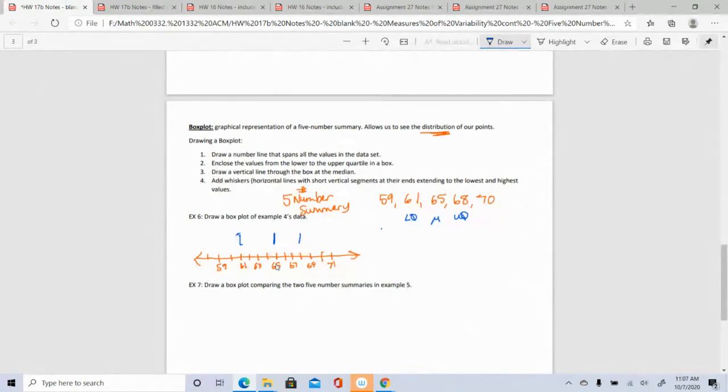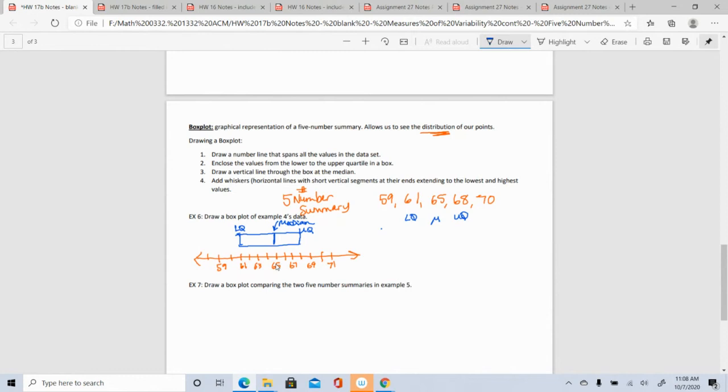Okay, so I know this is a little confusing. We're going to draw a box. Okay, so our median of the whole thing is kind of the middle of the box. And then our lower quartile is one edge, and the upper quartile is the other. Y'all seeing where I got that?